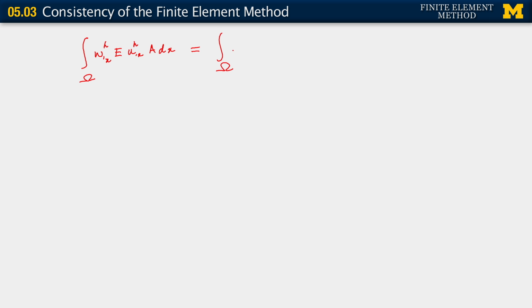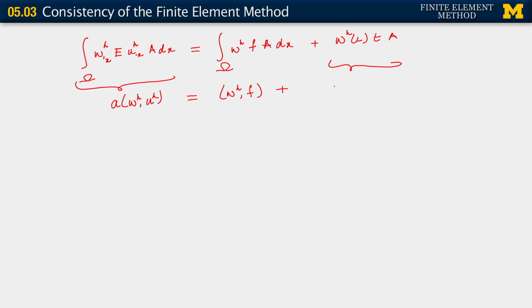So integral over omega w h f A dx plus w h at L t A. Using our abstract notation, this is a of w h comma u h equals w h comma f plus w h comma t at L. Abstract notation for our finite dimensional weak form.